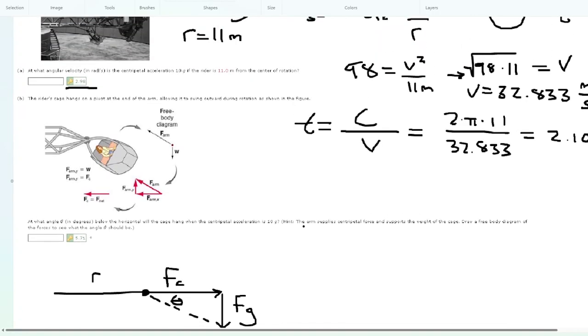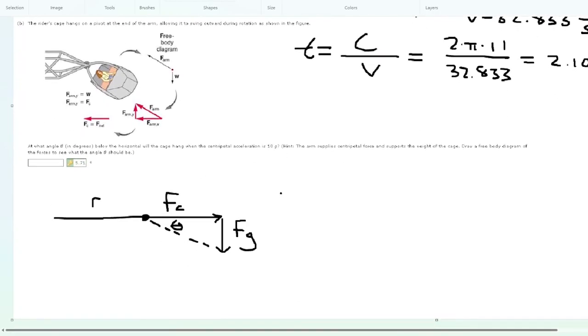let's go ahead and see if we can calculate what's going on here. Okay, so force centripetal is going to be equal to mass of the entire thing times centripetal acceleration, which is just going to be equal to mass times v squared over radius.